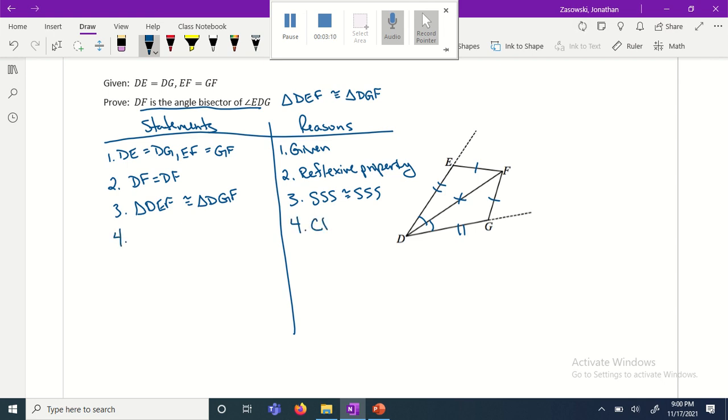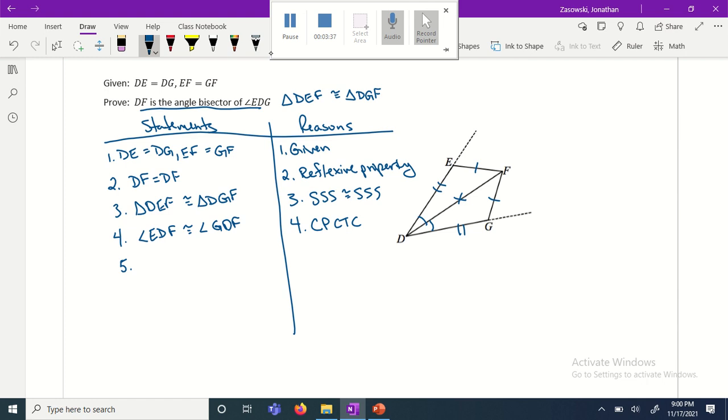We can literally just write down CPCTC, and then say that angle EDF is congruent to angle GDF. Once I know that these two angles are congruent, that's enough to say that this is the bisector. So this is how we use CPCTC.